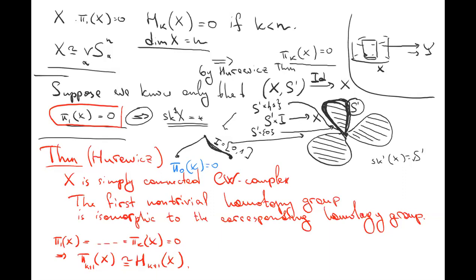But in this way, for any subcomplex A, if A is null-homotopic, then X is homotopy equivalent to X quotient A. Sorry?